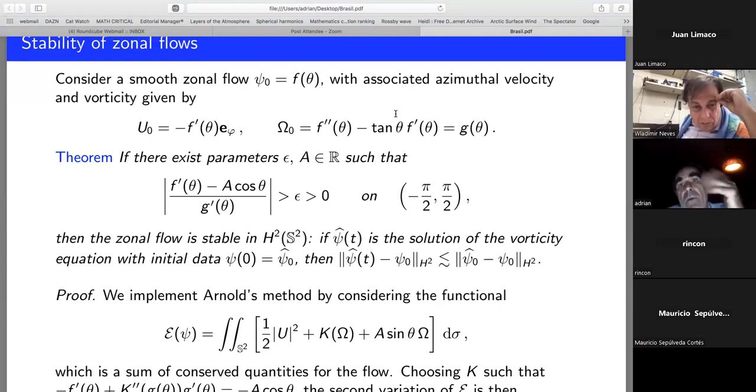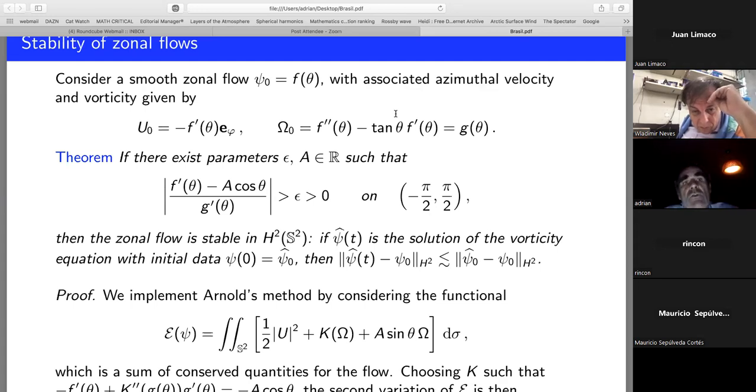When you get to the linear level you are quite far away from the physics, so it's very questionable whether what you can prove has any relevance to what is really observed. So it would be preferable to work in the nonlinear framework. And we have these explicit zonal solutions.